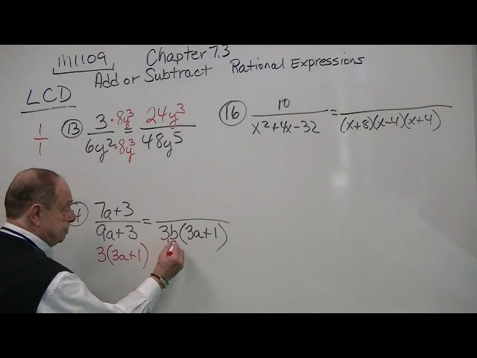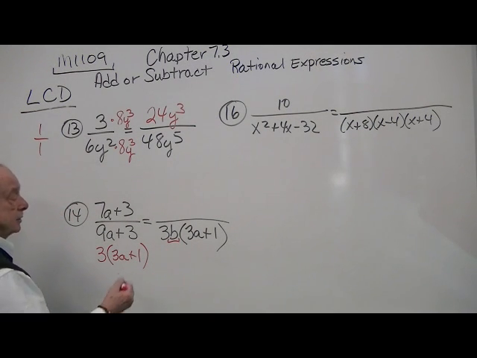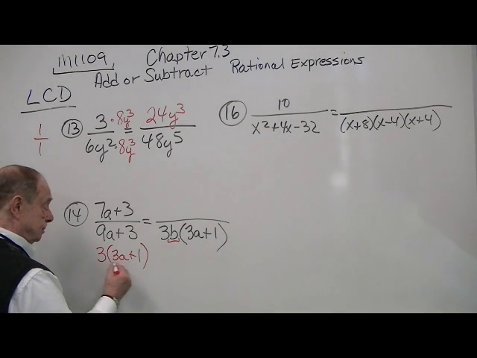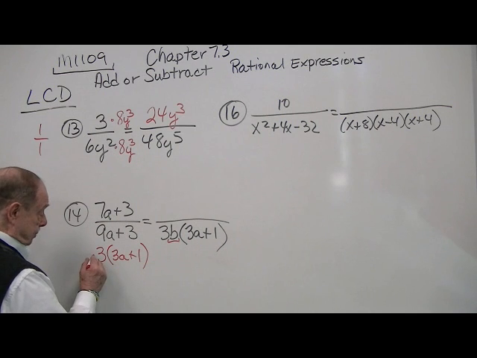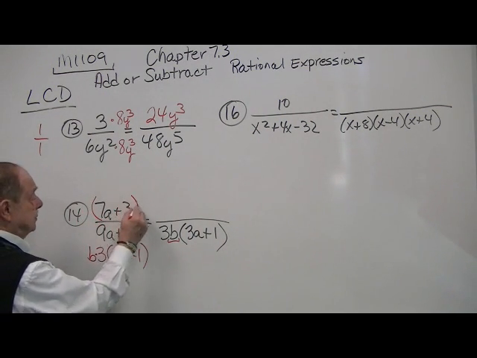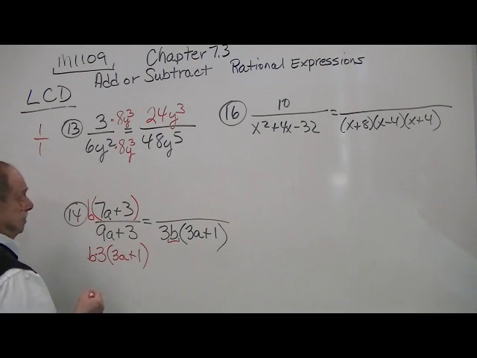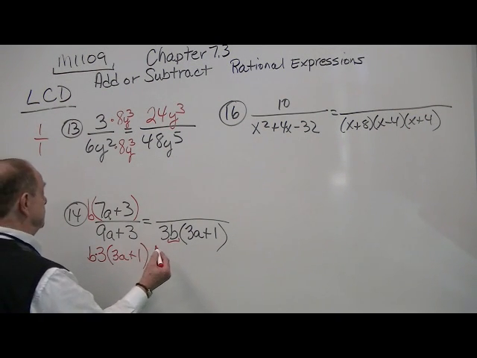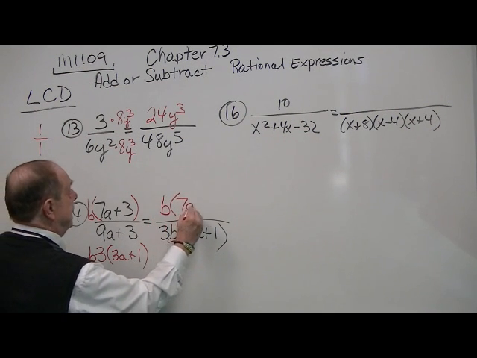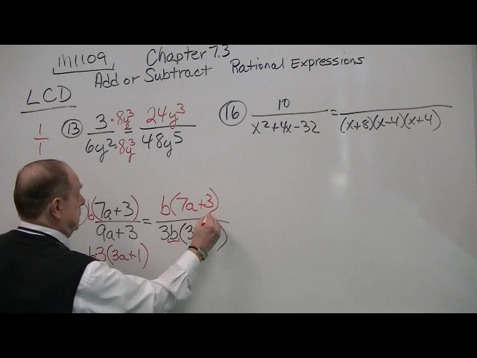Well, it has this b there. So what do I need to do? I need to multiply this term by b, and then I'd have to multiply this term by b. Remember, b over b is 1. I'm allowed to multiply anything by 1. But now my new fraction becomes b over 7a plus 3.